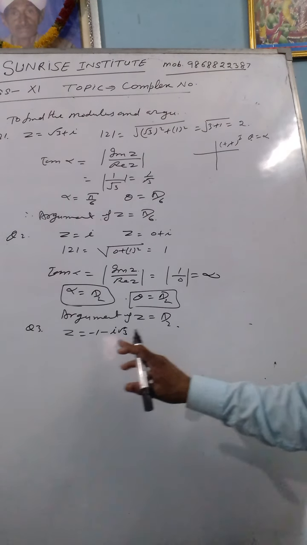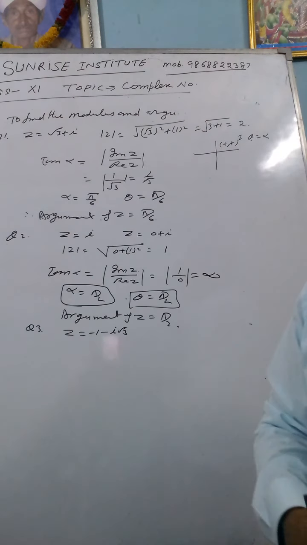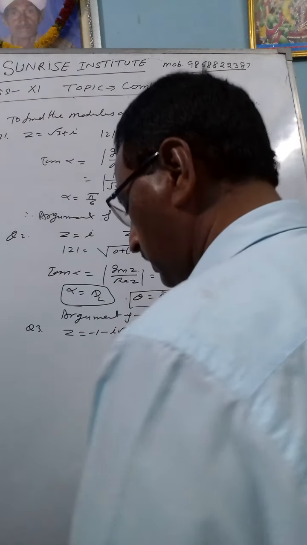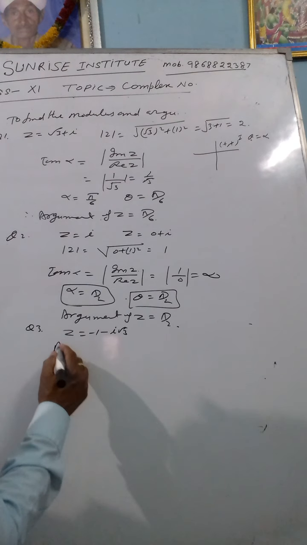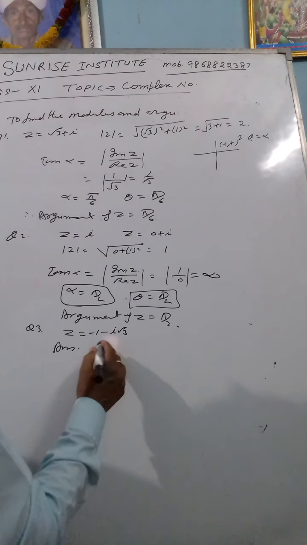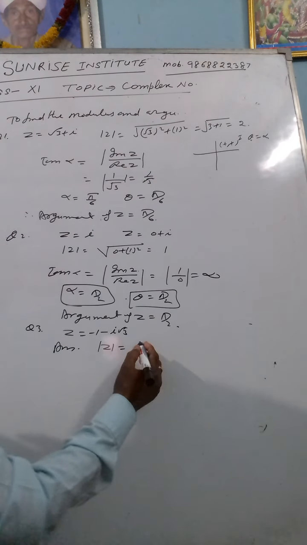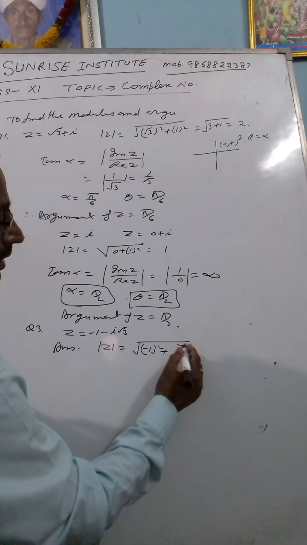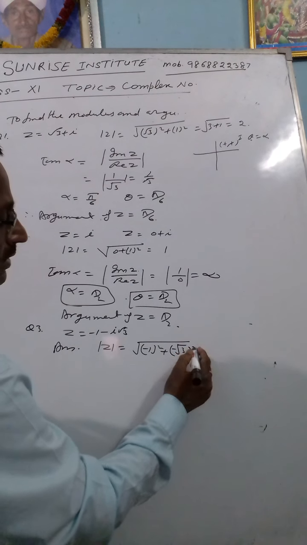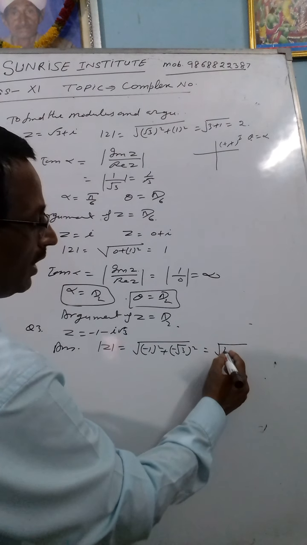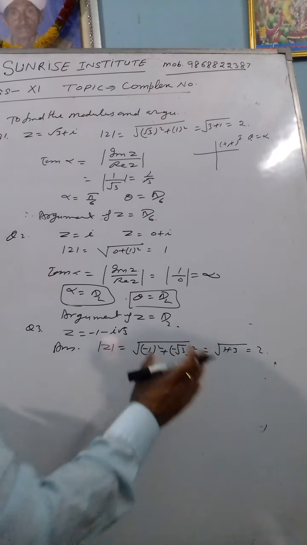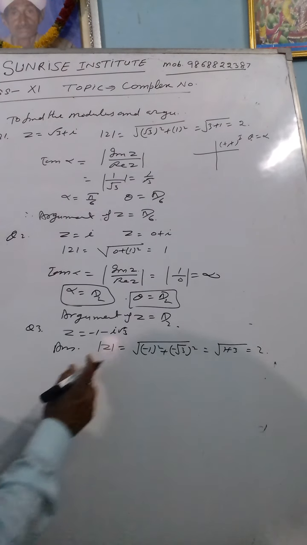Okay students, then to find the modulus of z and argument of z, modulus of z equal to minus 1 square plus minus root 3 square, that is 1 plus 3, 2. Okay student, that is the modulus of z.